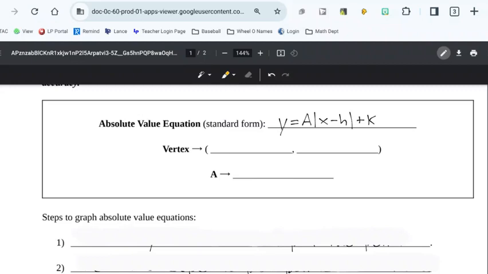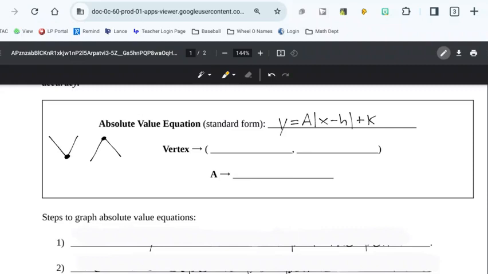Now we're going to pick key pieces of information out of standard form, and use that to help us graph. So the vertex is the first thing we're going to talk about. Just a quick overview of the vertex: when we look at an absolute value graph, it's going to be shaped like a V. The vertex is that point there and that point there.